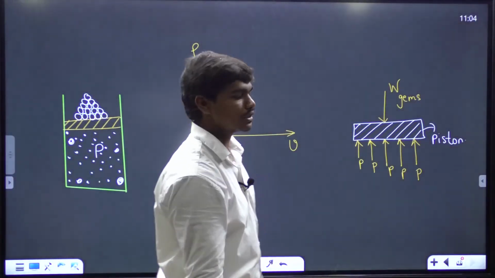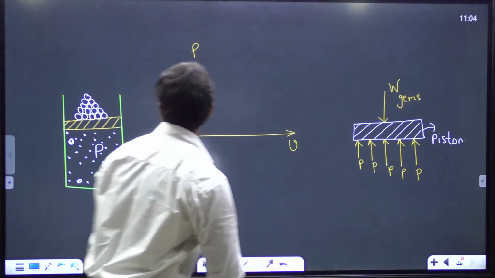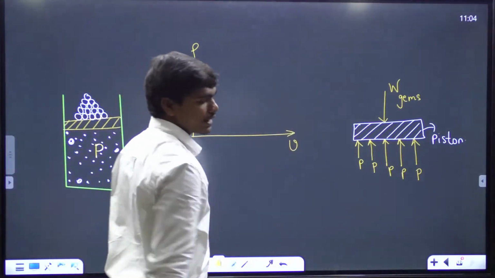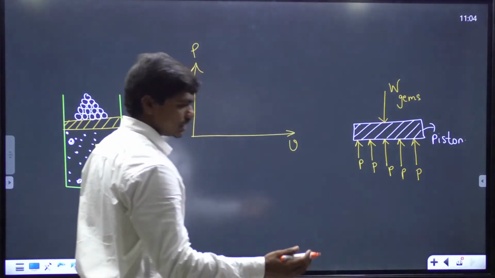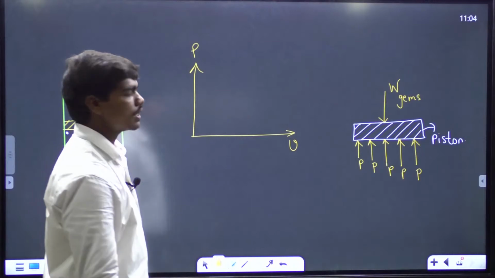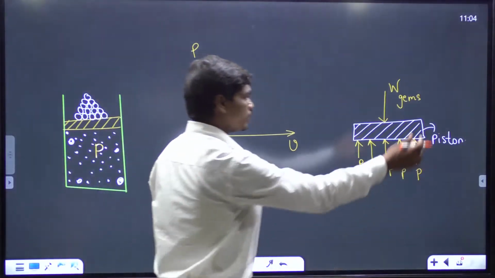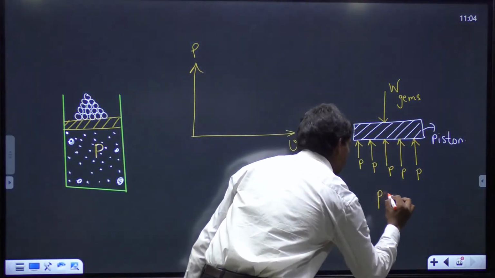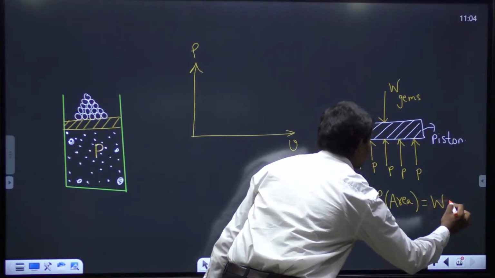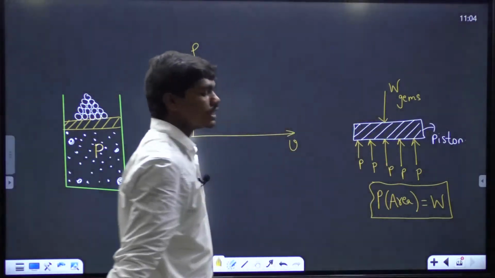Suppose you neglect the weight of the piston, which are generally lightweight pistons. So if piston weight is neglected, if P is the pressure of the gas which is lying here, then this is how the free body diagram of the piston looks. Generally pistons are made of aluminum and all, lightweight pistons. So let us neglect the weight of the piston. So P into area of the piston will give you the weight. Because at equilibrium, if the piston is not moving, then definitely this equation should get satisfied.